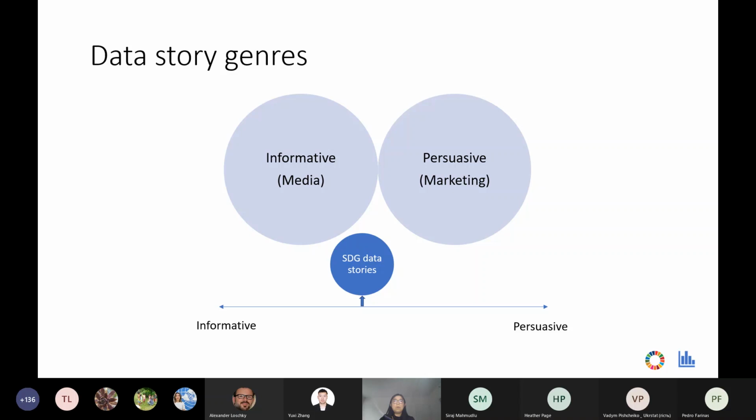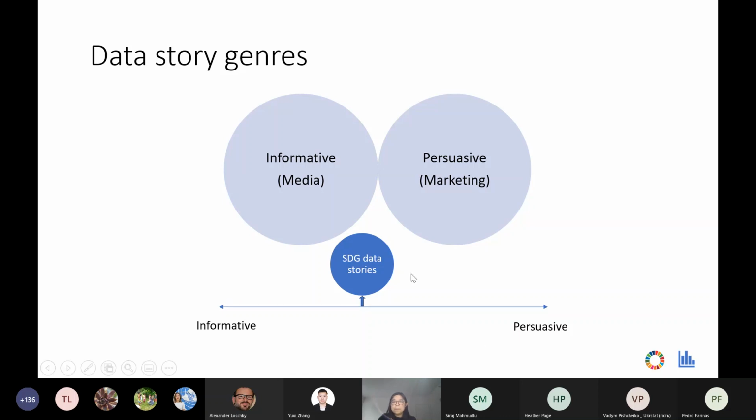So let's see data in terms of putting data stories into genres. I would say data stories roughly fall into two groups: informative and persuasive. Informative data stories are normally the things that we see on media, like in the form of data journalism from New York Times, from Economist, Wall Street Journal, National Geographic.